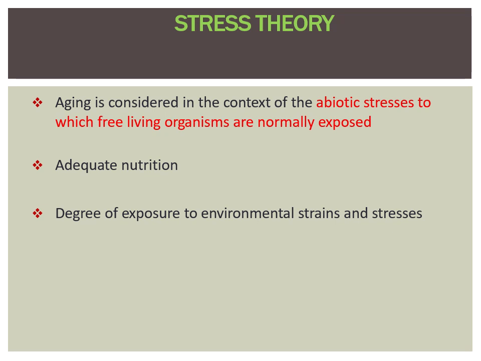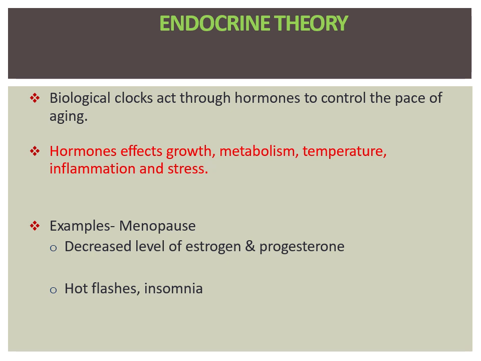The next is endocrine theory, which states that it is a biological clock which acts through hormones to control the pace of aging. Hormones affect growth, metabolism, temperature, inflammation and stresses. For example, in menopause, decreased levels of estrogen and progesterone develop, and the person might have hot flashes, and insomnia tends to develop.